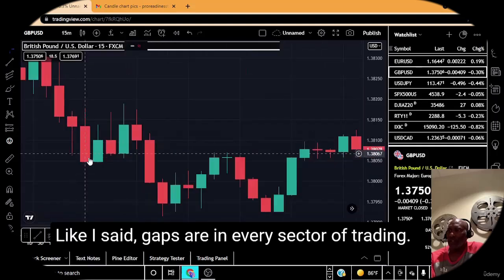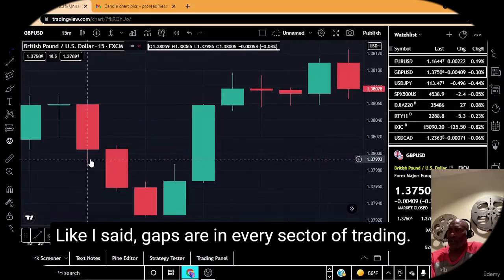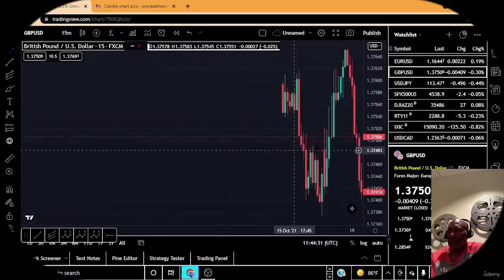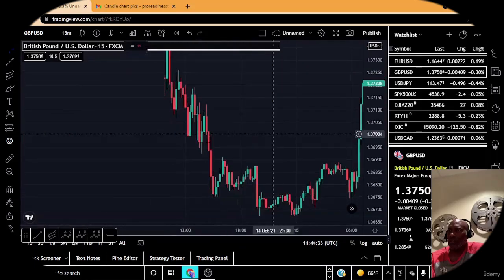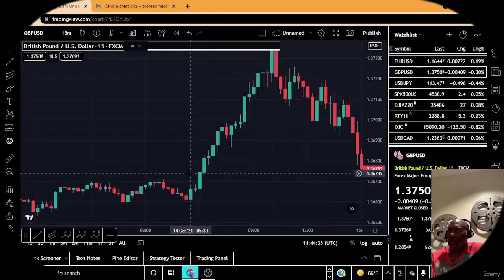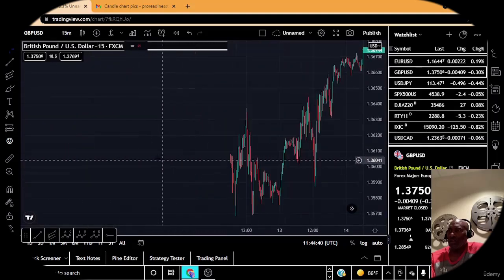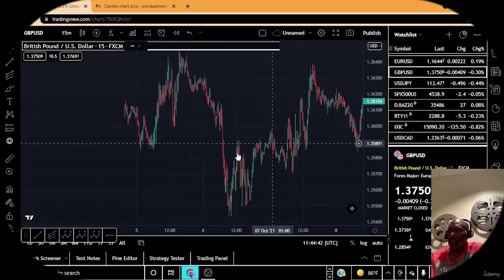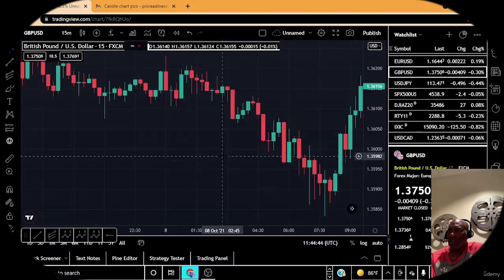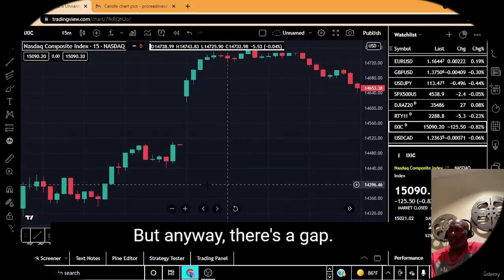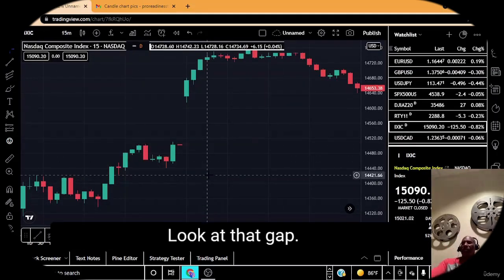Like I said, gaps are in every sector of trading. But anyway, there's a gap. How about that? Look at that gap.